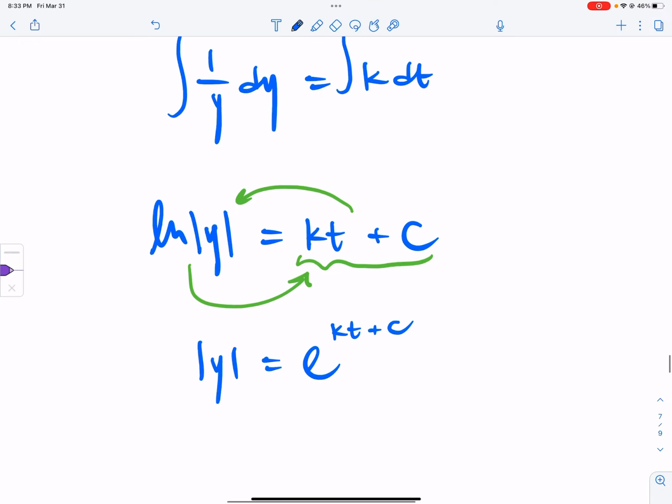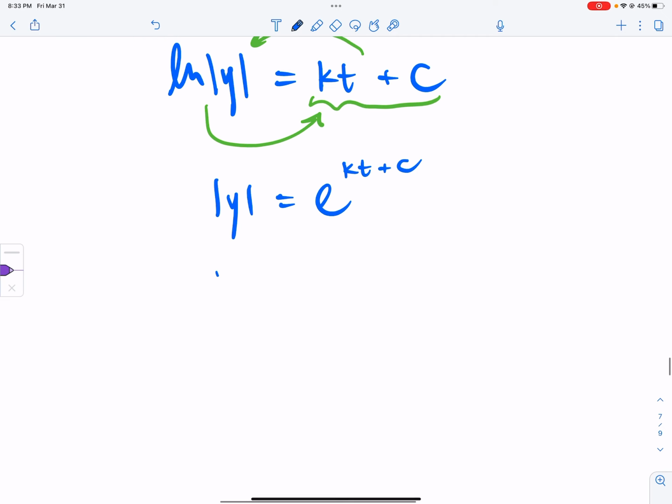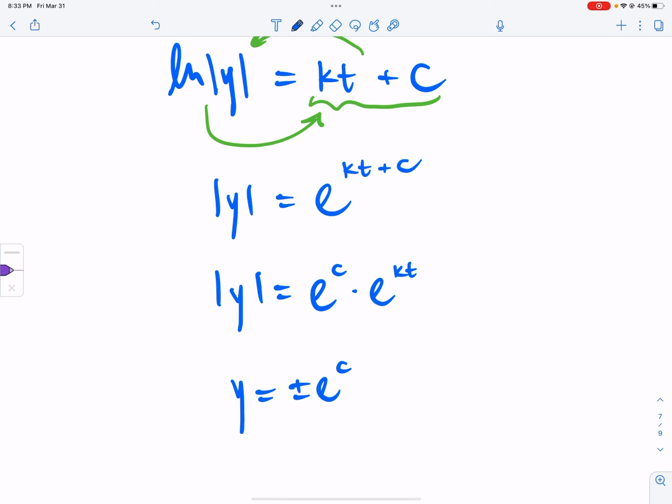And then rewriting the right-hand side as we'll have absolute value of y is equal to e to the c times e to the kt power. E to the c is just a constant, and then if we rewrite as y equals plus or minus e to the c times e to the kt, plus or minus e to the c is still an arbitrary constant. So we can just replace that with c.